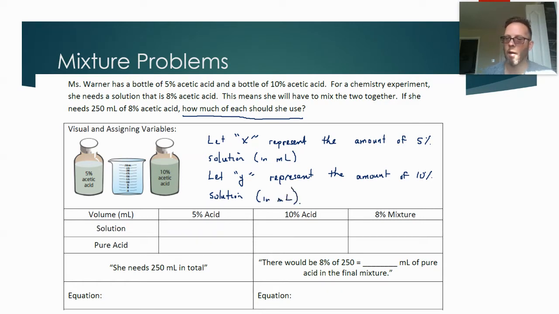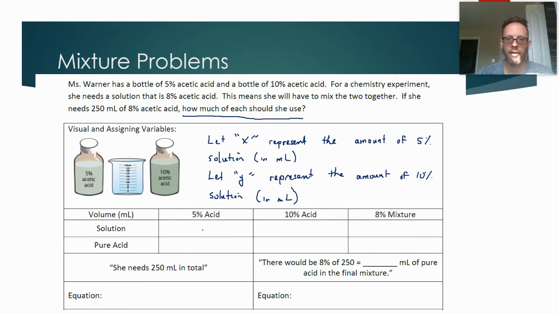So in this mixture problem, I've given you a lot of structure to help you set this up. And in practice, it's my hope that this just helps you do future mixture problems. So before we create our equations, I have a little table for us to make.